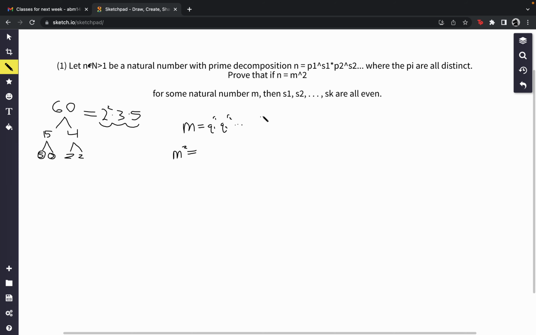That's just a property of exponents, that when you raise an exponent to a power, you multiply those exponents. So we end up with q1 to the 2r1 times q2 to the 2r2, and that is really bad.